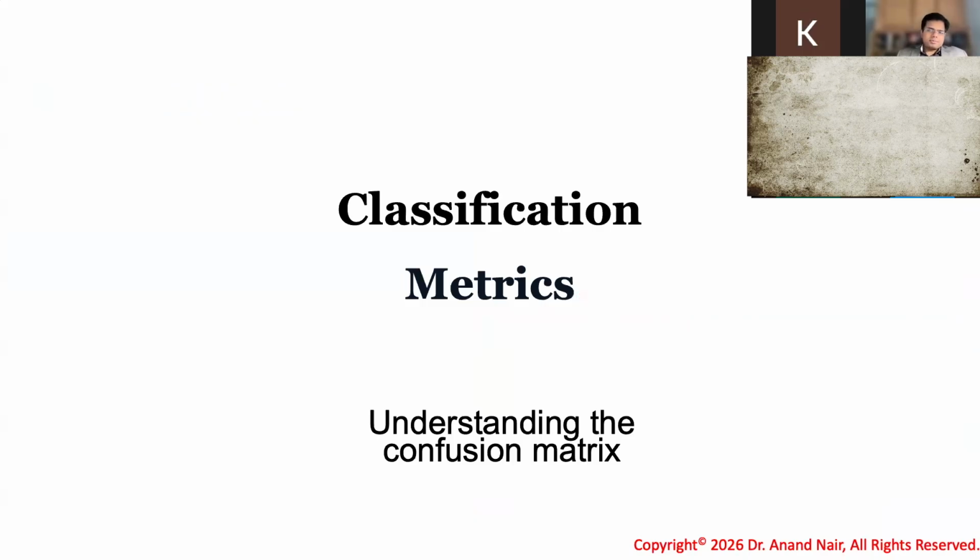Right, so that's some of the performance measures, as well as some visualization for capturing the rank order of our outcome. Now, classification metrics: we could look at it from a confusion matrix perspective.